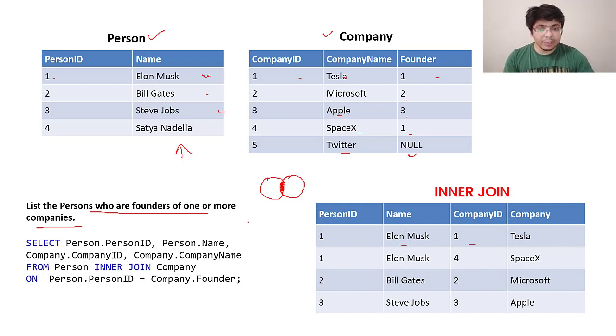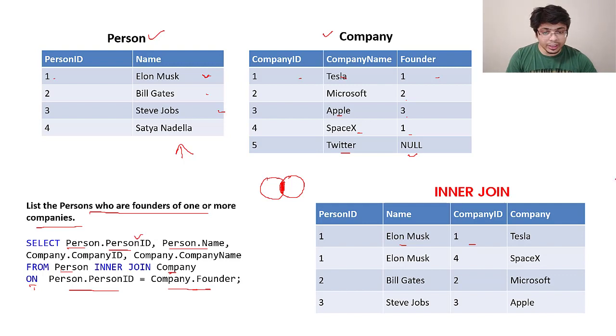So only people who have a company will be listed here, right? So here let's see the query. Select person.person ID, person.name, company.company ID and company.company name. So we are returning 4 columns here. From person, inner join company. So we are doing an inner join of person table and company table based on what? Based on the person ID being equal to the company.founder ID, right? So this should be the match.